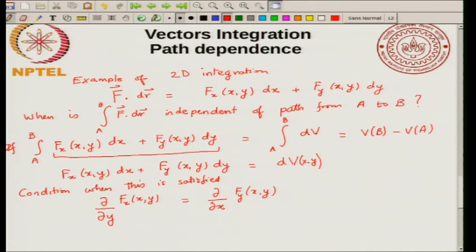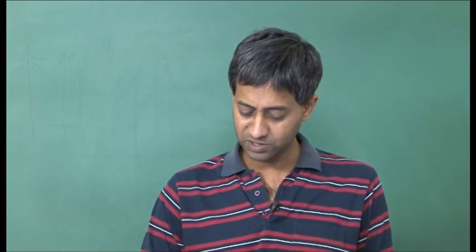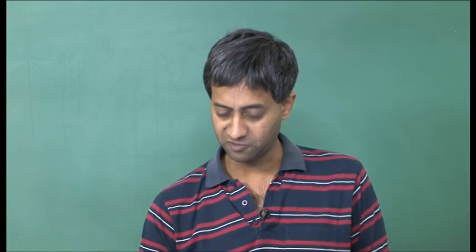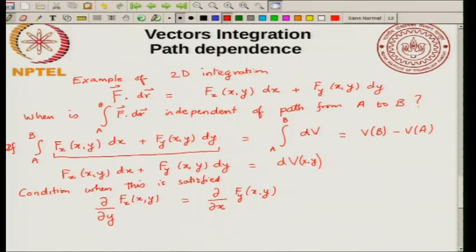So, this is again a useful condition. You can always check whether the work that you calculated is path independent or not this way. However, let me mention one thing: when you say it is independent of path, that means you can take any path and you will always get the same answer.